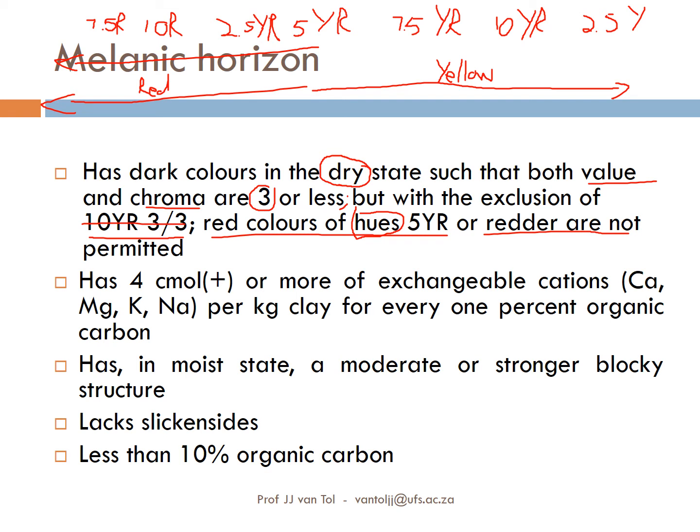Are you with me? I hope so. The next thing is that it should have 4 centimole exchangeable cations, which are calcium, magnesium, potassium, sodium, per kilogram clay for every 1% organic carbon.